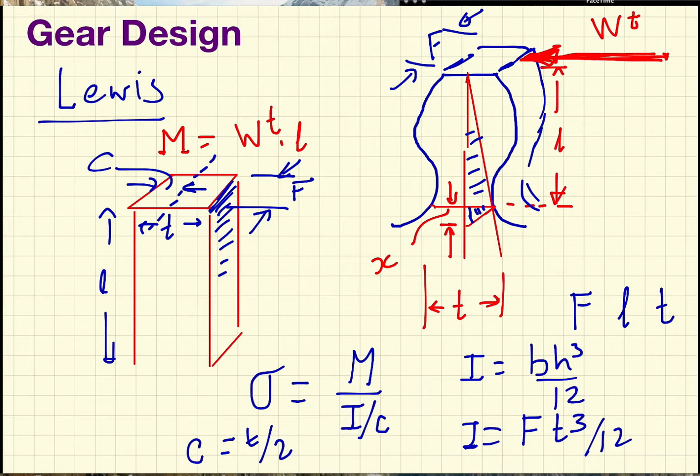The similarity shows us that x divided by t over 2 is equal to t over 2 divided by L. So this similarity gives us a relationship that allows us to proceed further and manipulate this equation.